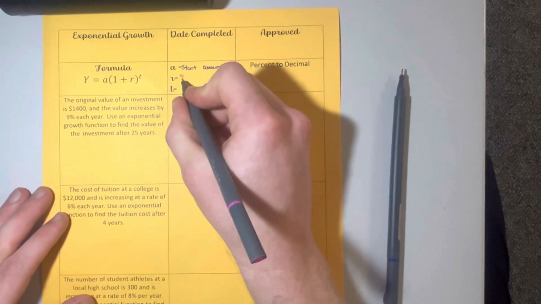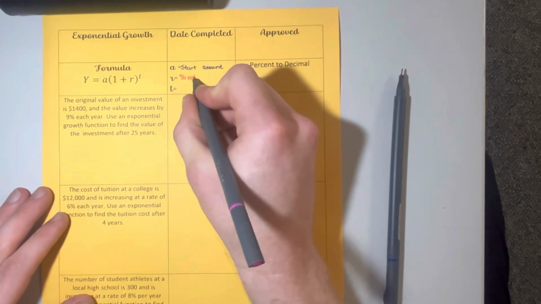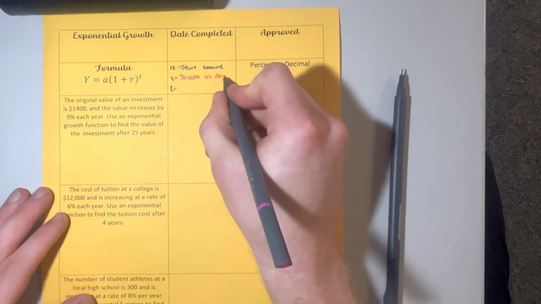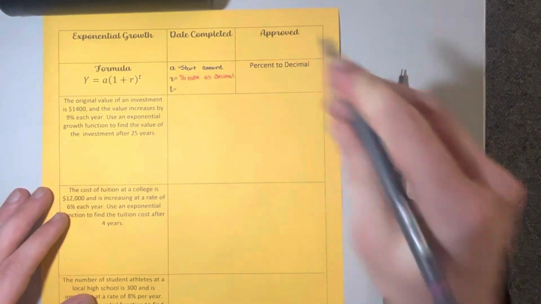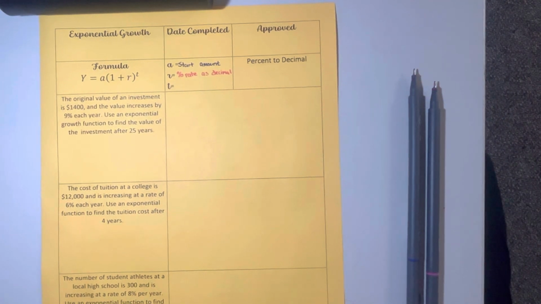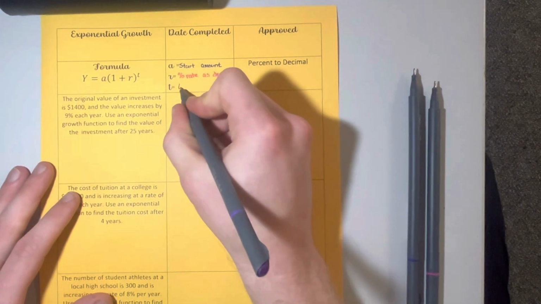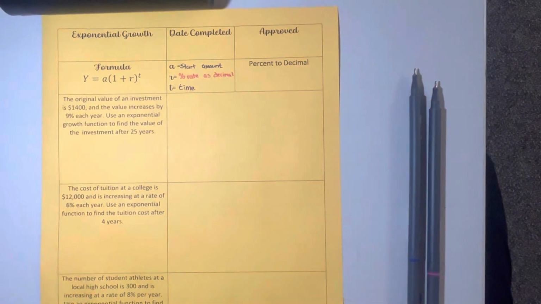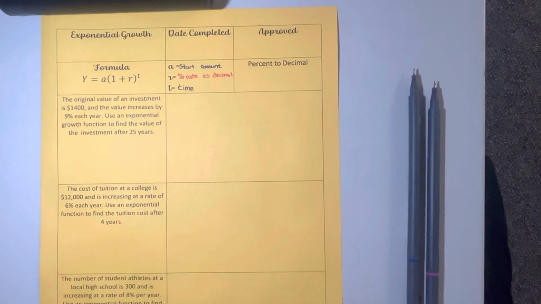So we'll say percent rate as decimal. And then T is your time. So this has a lot to do with interest and earning money or losing money, and time could be every month or every year or whatever it happens to be.